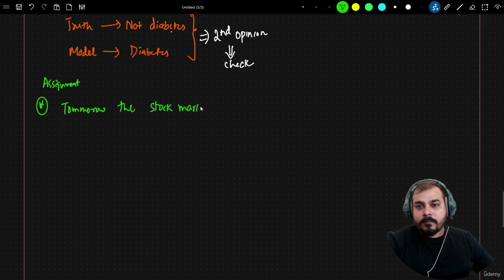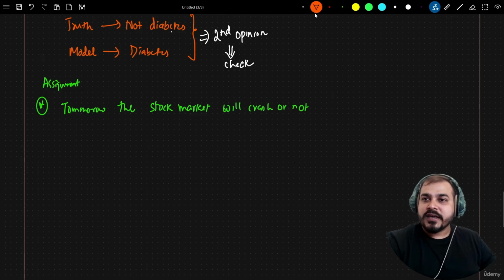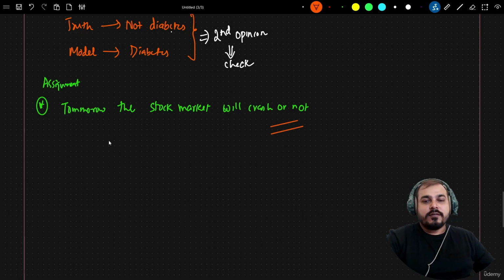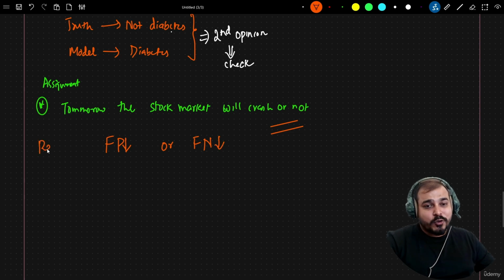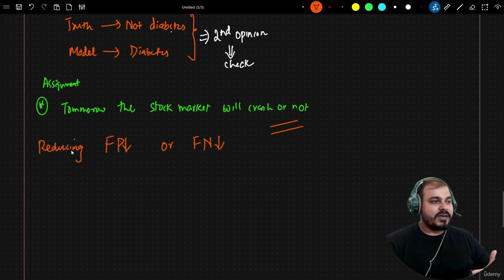Now suppose this is my use case, what do you think we should focus on, reducing false positive or reducing false negative? Try to plot the confusion matrix again and understand it, and let me know the answer. It will be quite amazing if you are able to talk about it.